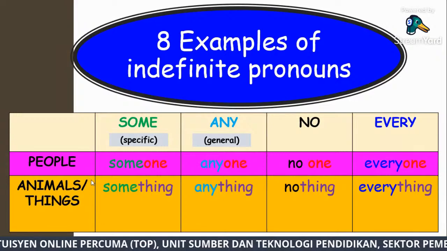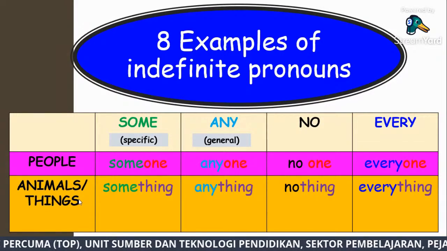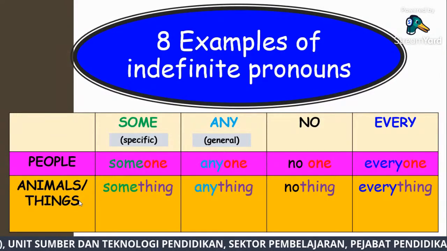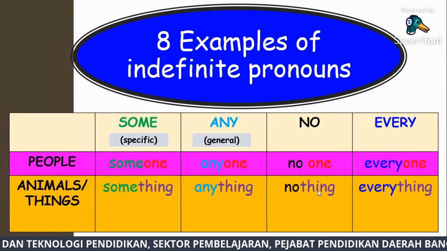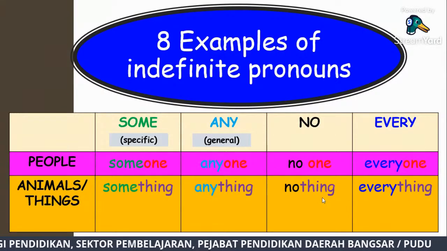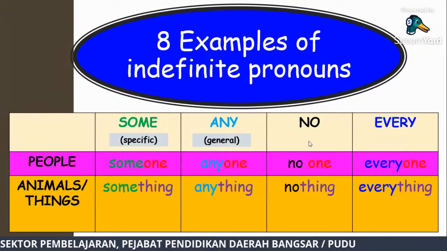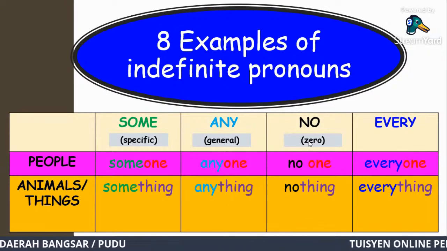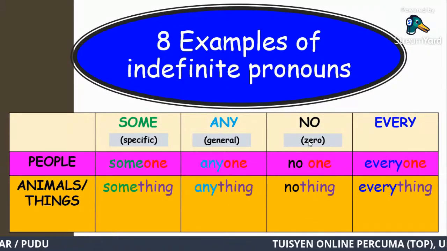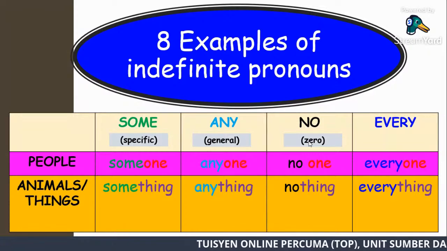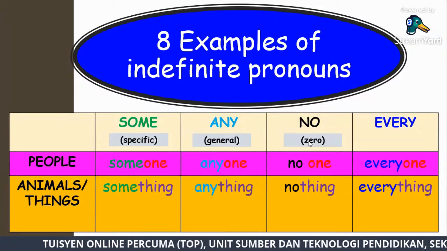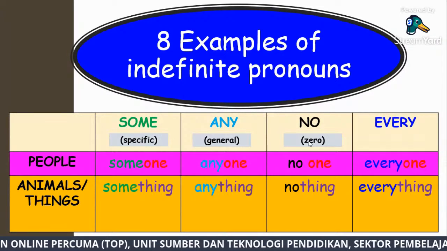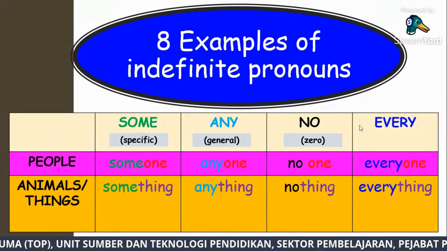And if it's related to animals or things, then you have to refer to nothing. So what does it mean? Of course, you know the meaning of no, which is zero. There's nothing there. It remains nothing. It's zero. So you are going to describe a place or a person who are not there, so we will be using no.